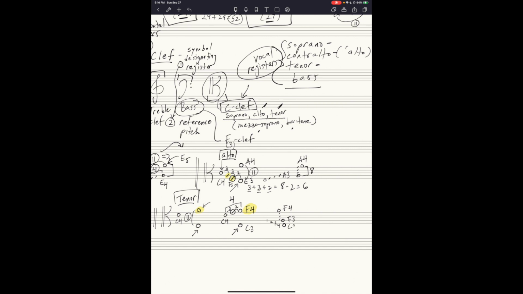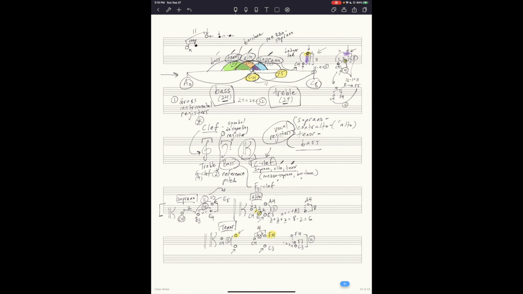The bottom is C3. And so C3 up to F4 is a range of 11. And that is the precise range of the tenor using the tenor clef, or the movable C clef, and the approximate range of every tenor, roughly C3 up to F4.